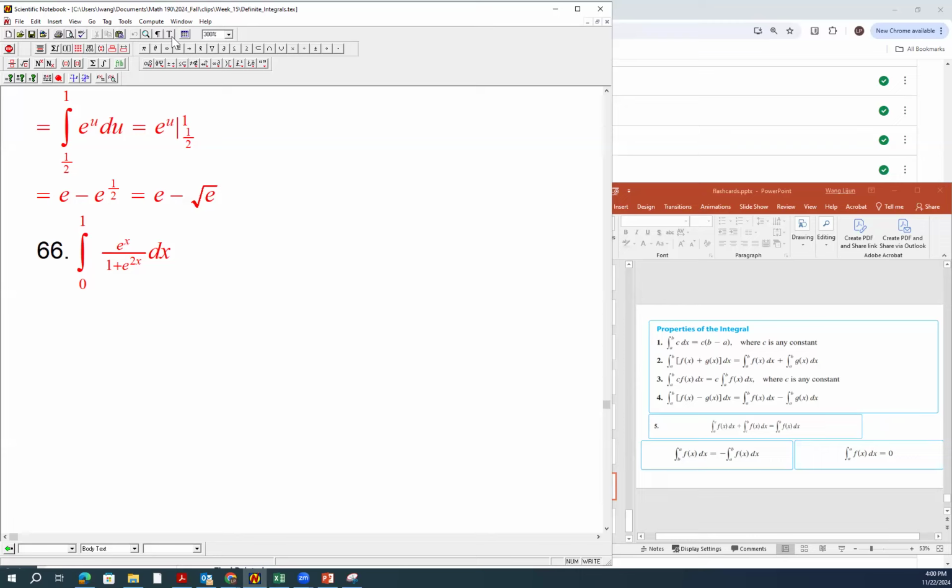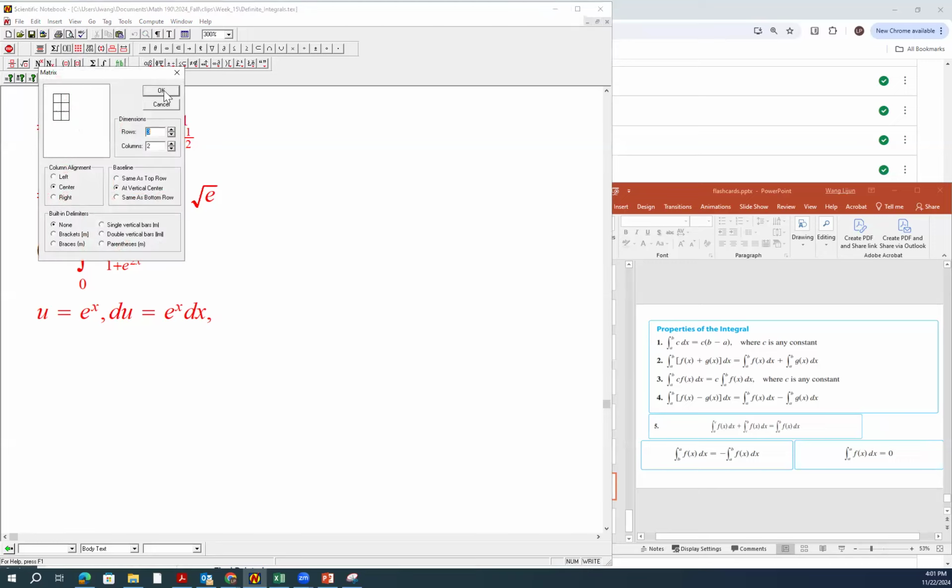Okay, so in this case, we're going to assume that u equals e to the power x, right? And du equals e to the power x dx, right? We have e to the power x times dx, and that makes du. So that's ready.